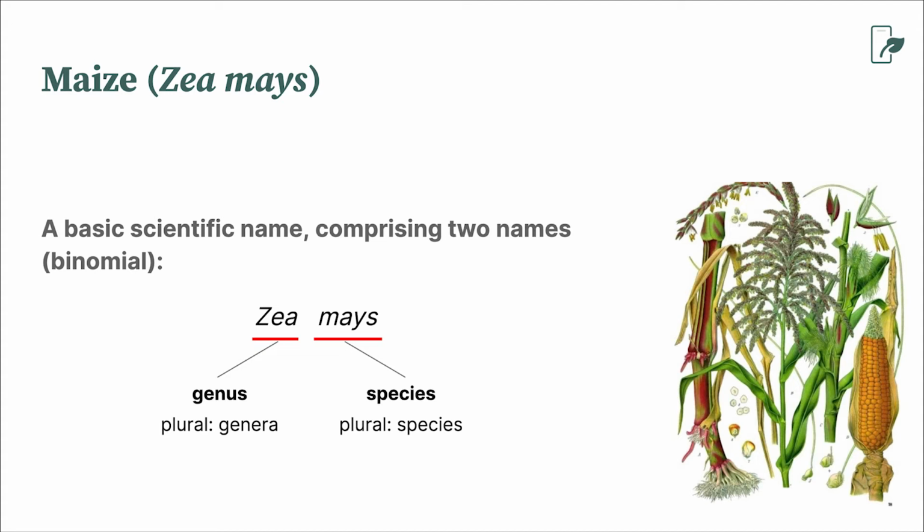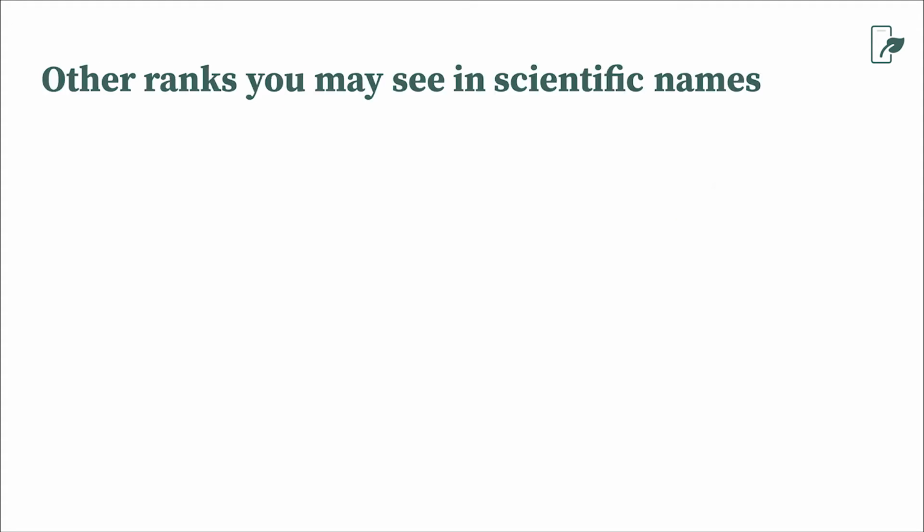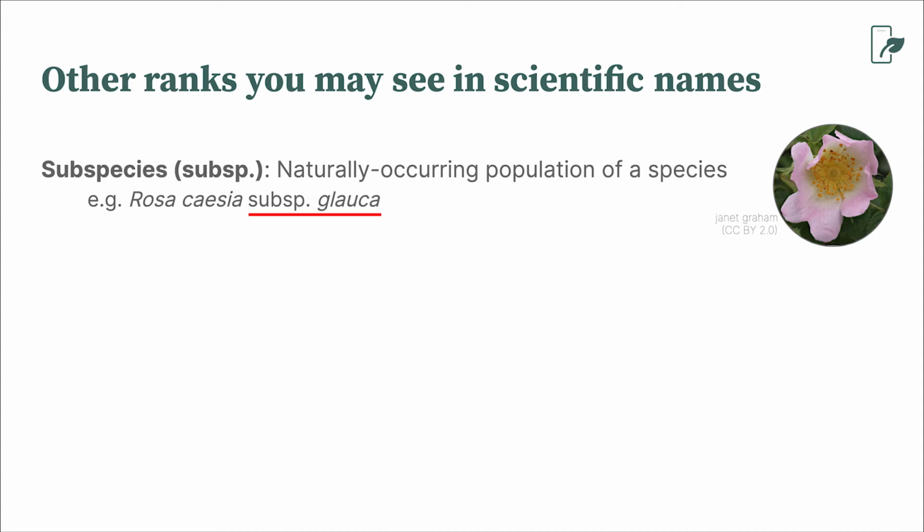However, you might have seen some other ranks in the scientific naming scheme as you've either worked at Candide or been to a garden centre and bought a plant. I'm just going to go through a few of those examples. The first is a subspecies, which is denoted by the abbreviation subsp. You can see in this example, Rosa caesia, subspecies glauca.